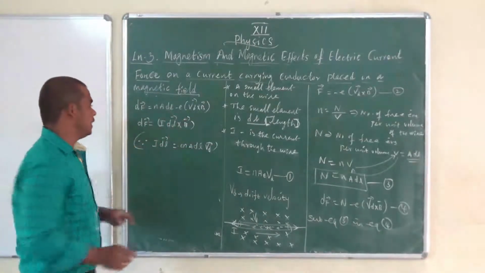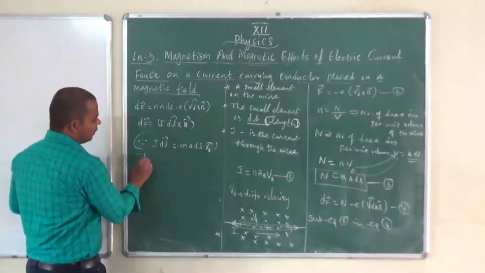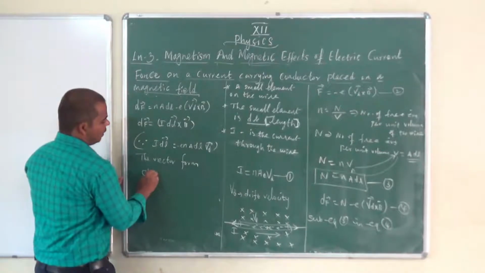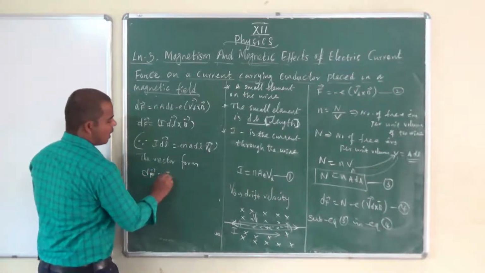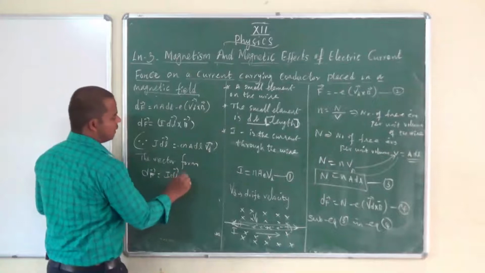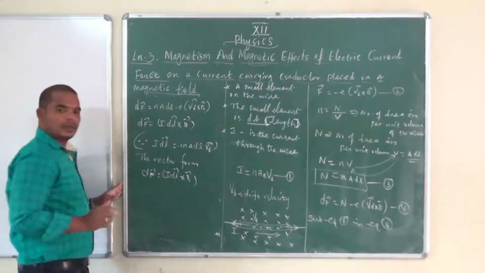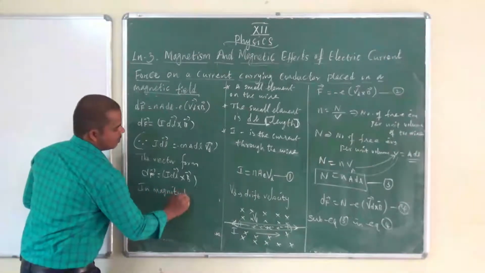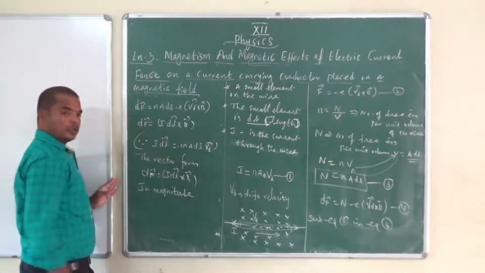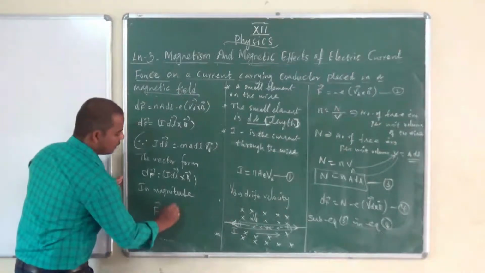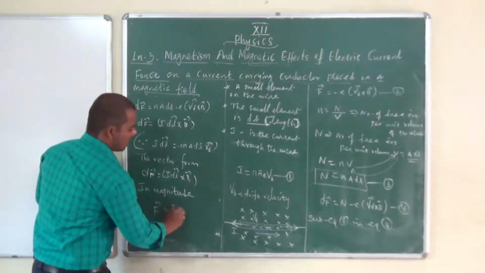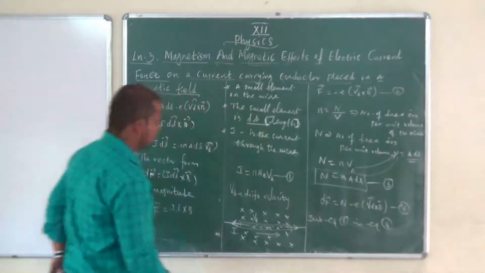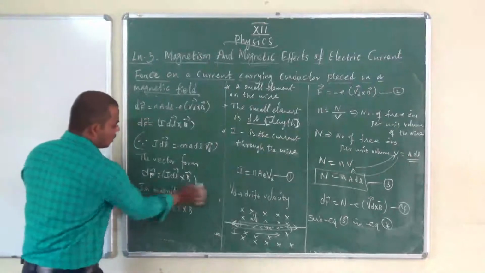This is the vector form: dF vector equals I dl vector into B vector, isn't it? In magnitude, F equals I L into B. This is also the magnitude.